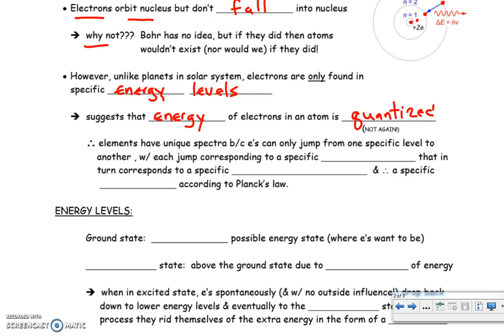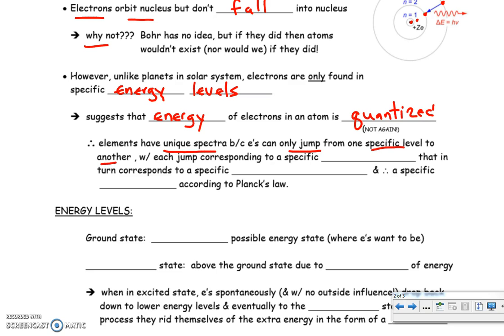And that's powerful. So what's the consequence of having quantized energy levels? He was able to determine that elements have unique spectra, and I'll show you that in class because it's really important. In other words, atoms give off certain colors that no other atom can, because when the electrons are in a particular orbit, they can only jump from one specific level to another.